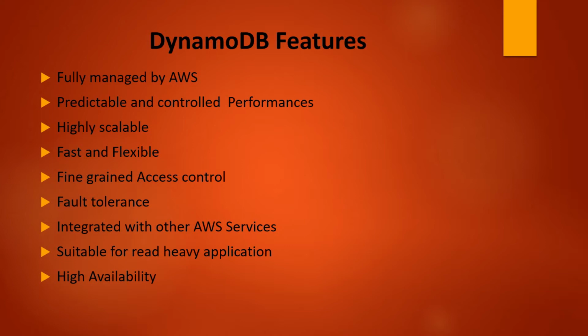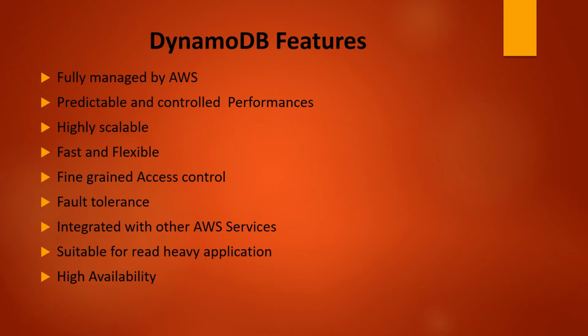The third one is that it is highly scalable, so you can grow if the database is growing. You do not have to worry about that. The fourth one is fast and flexible, so it is faster and you can also adjust to changing needs. Access control means we can give only a set of users the permission to access the database.